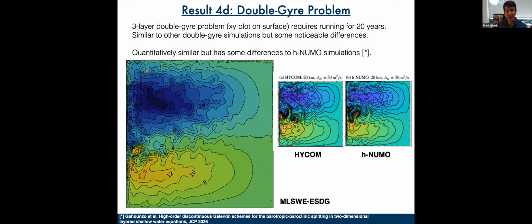So I would say that if you look quantitatively, the contours are similar in size. These are simulations that run for, I forget, like 20 years, right? They're long simulations. And this is a fully explicit model with no viscosity, and it just runs, right? So very excited about these results. We still have some tweaking to do, but I think we're off to a good start.